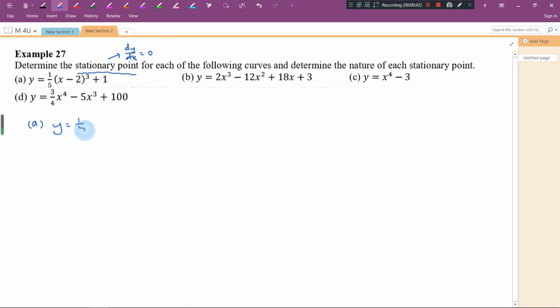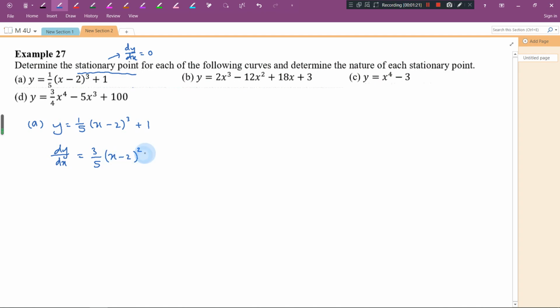Okay, let's look at part A. y is equal to 1/5 (x - 2) raised to the power of 3, plus 1. We want to find the stationary point. First, we find dy/dx, the gradient function. To differentiate this function, bring the 3 down, times 1/5, and you will get 3/5. Copy (x - 2), with the power 3 minus 1, which is 2.